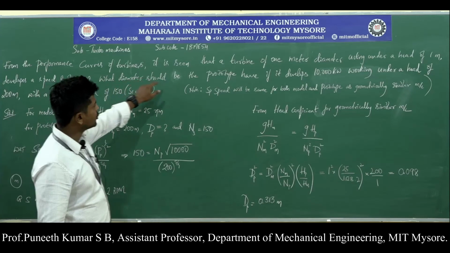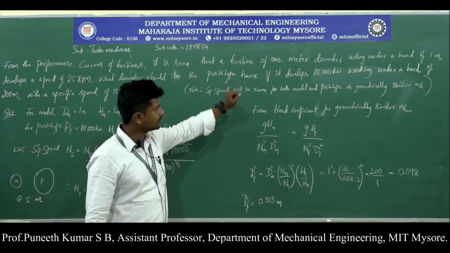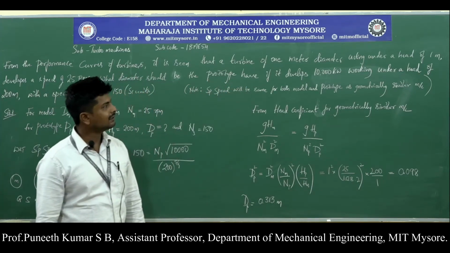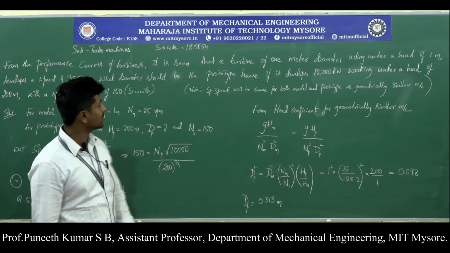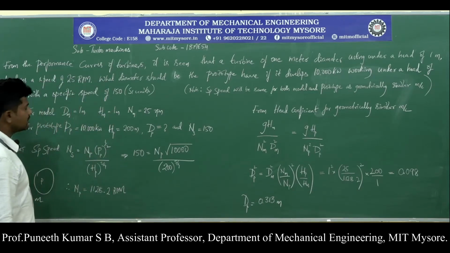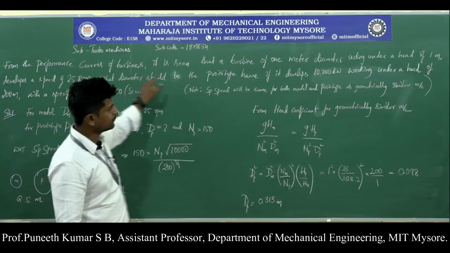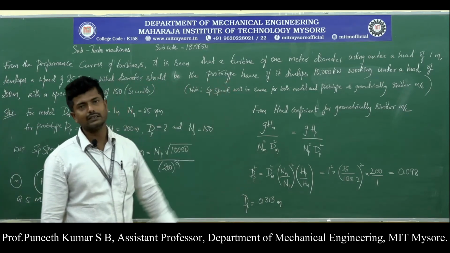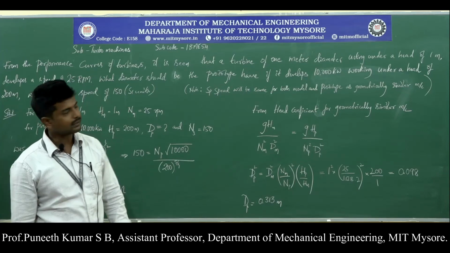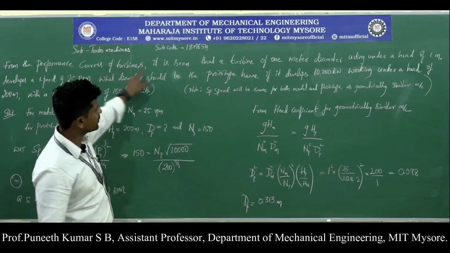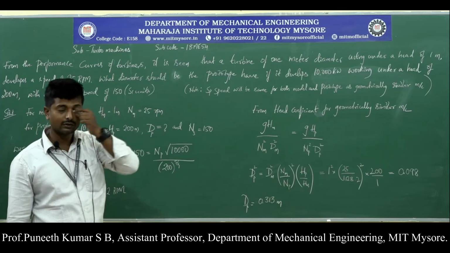What diameter should the prototype have if it develops 10,000 kilowatt working under a head of 200 meter? We can understand that in this sentence the information given is related to the prototype, and the first sentence's information is related to the model.